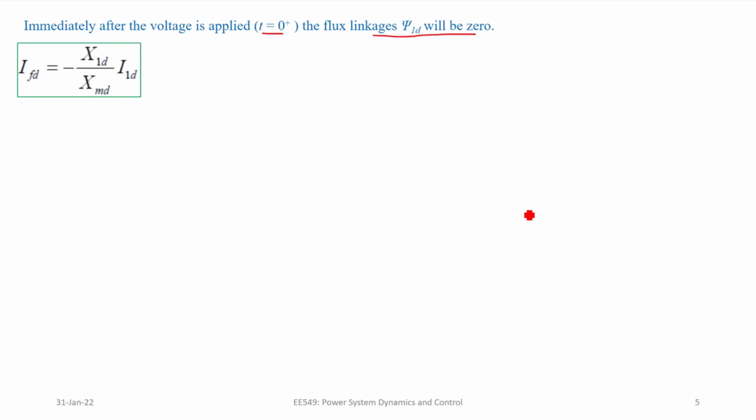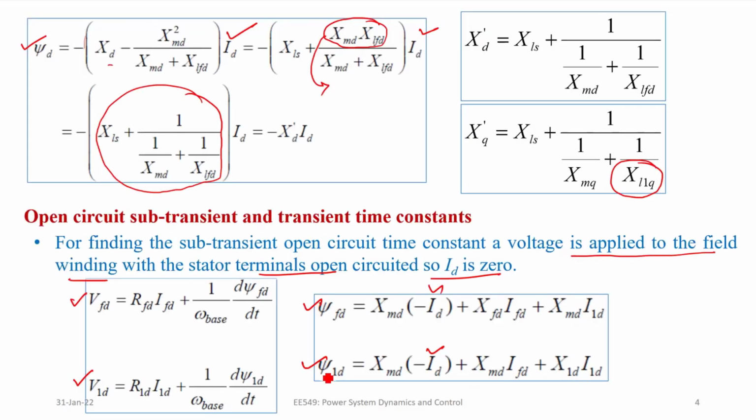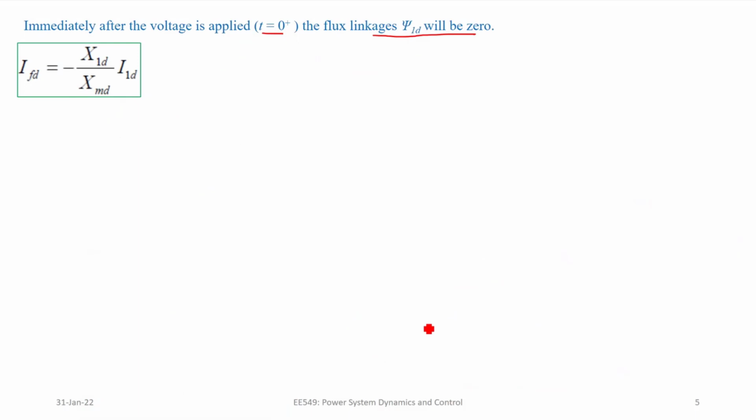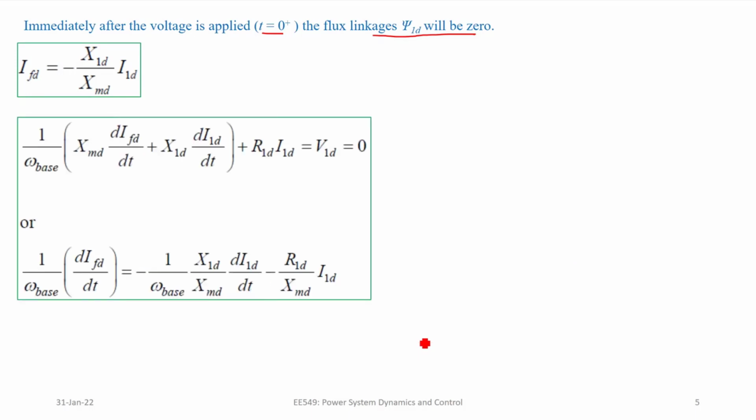So by substituting psi 1D equal to 0, I can find IFD in terms of I1D. So IFD I can write as minus of X1D by XMD into I1D.